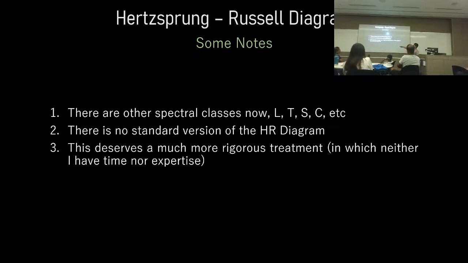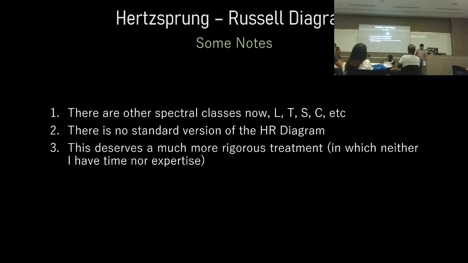This deserves a much more rigorous treatment, for which I have neither the time nor the expertise. There are so many things, for example what we talked about earlier: the variability of the stars, the radius of the star, the volume of the star, everything can be plotted on the HR diagram. But I thought maybe we'll just talk about the axes because they're quite important.